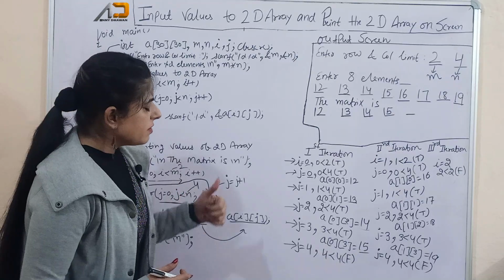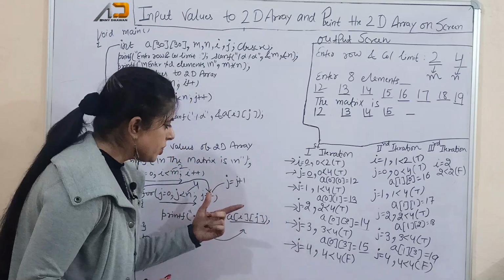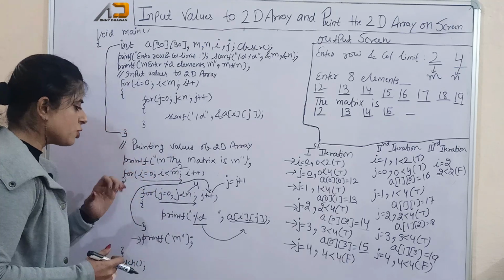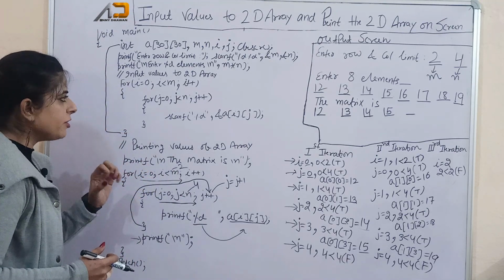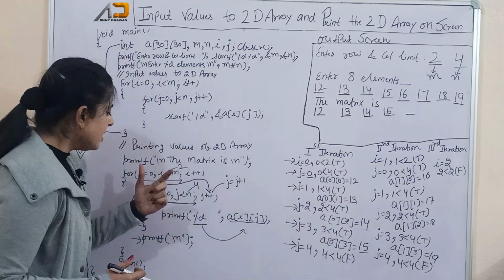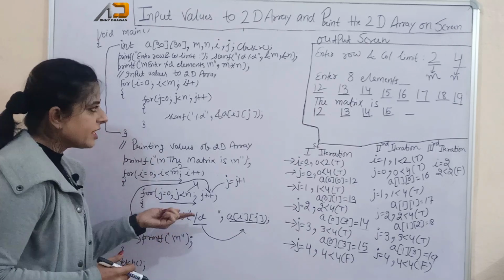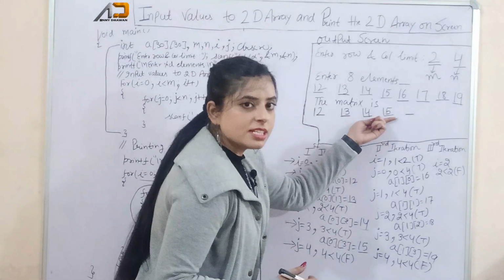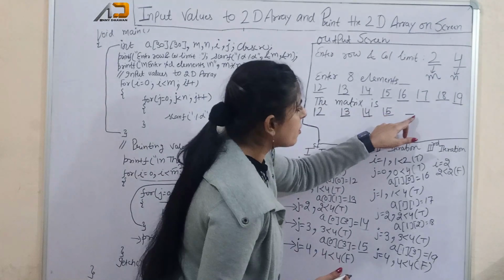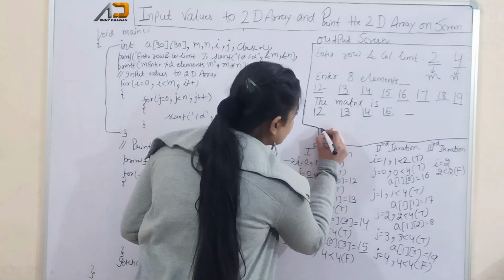Now let's observe the scenario at the end of iteration 1, or you can say whenever the j loop completes its execution, it means that one row of the matrix has been traversed. In this example it means that one row has been printed on the screen, and now we need to move the cursor from the current position to the beginning of the next line.